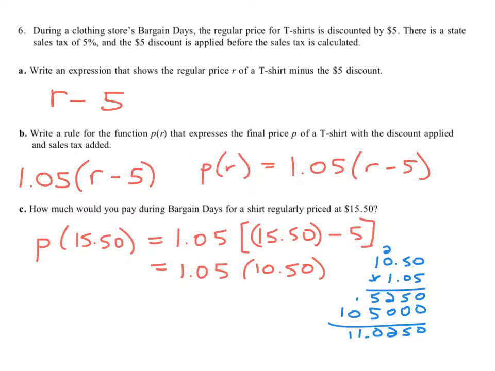We need to have our decimal right here. So what we find is it is 11.0250, and since money rounds to 2 places, we need to round to here. So is this 5 or higher? Yes, it is. And then we get as a final answer $11.03 for the sale price with tax of that t-shirt.